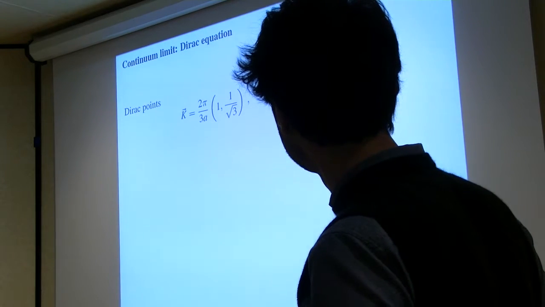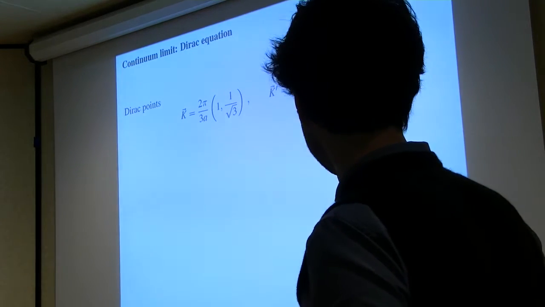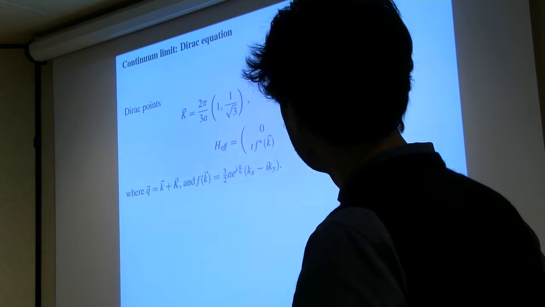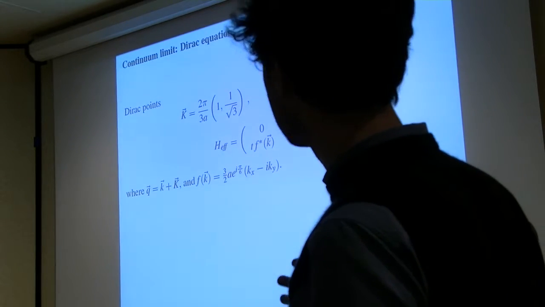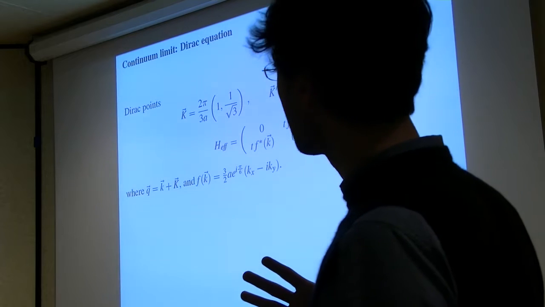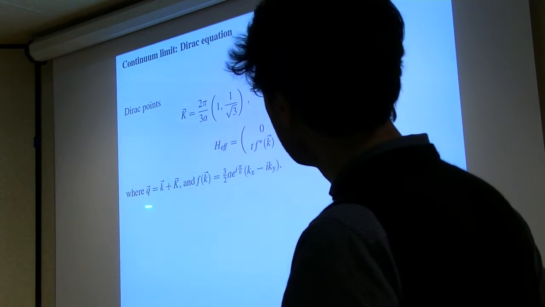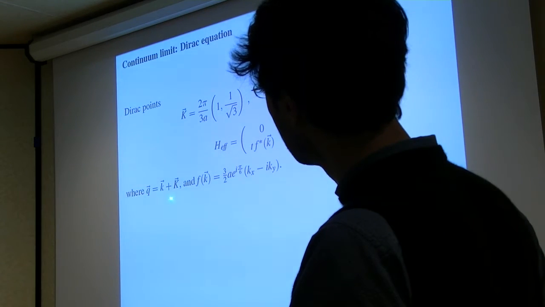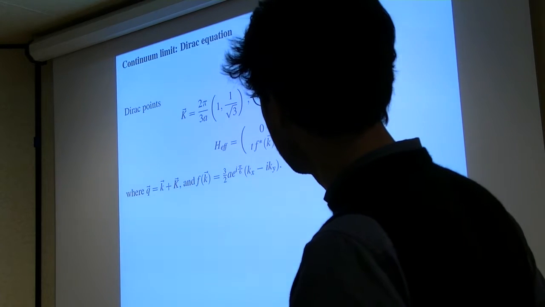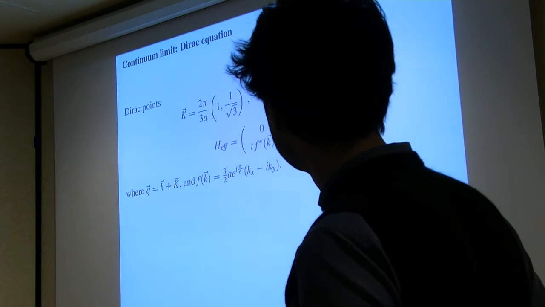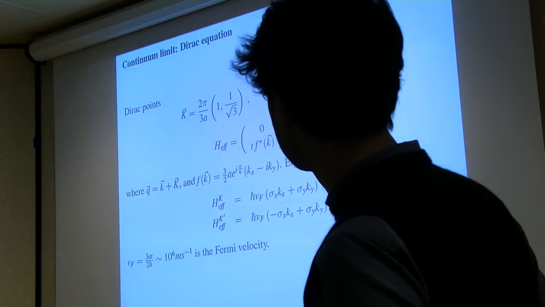These are the two Dirac points written in units of a. a is the carbon-carbon distance. When one analyzes the physics close to the Dirac points, energy is low, so you go to a continuum limit. You can expand the full momentum q close to capital K, which is here one of the Dirac points, plus a small momentum, and this is the effective Hamiltonian that you get.